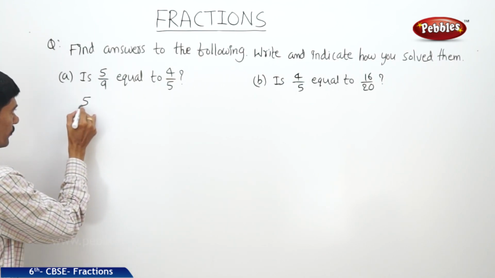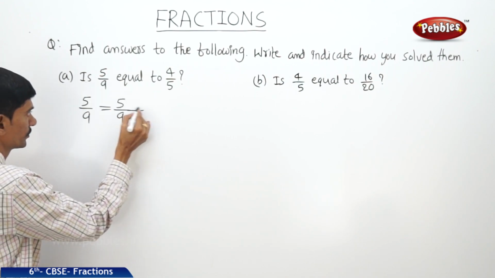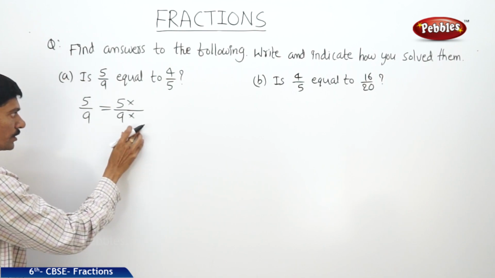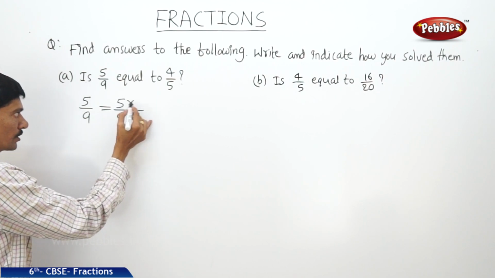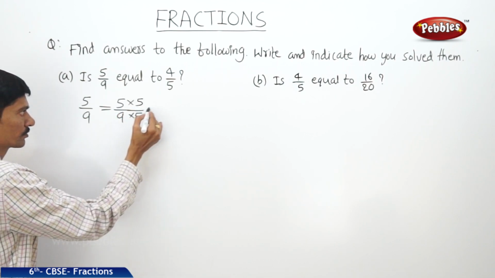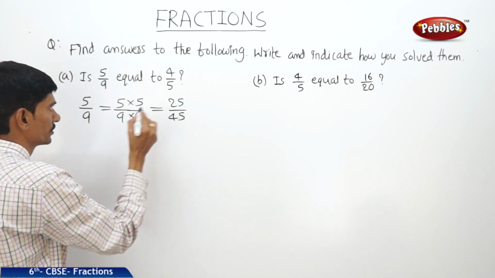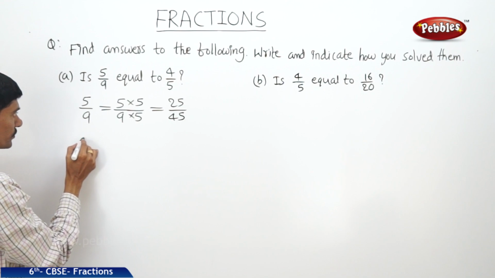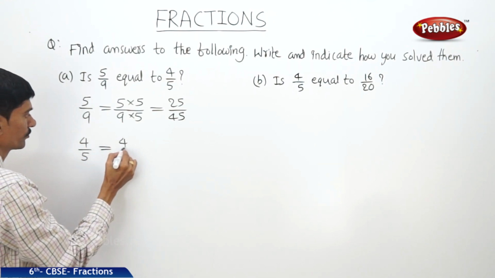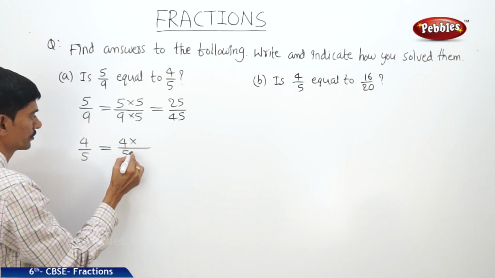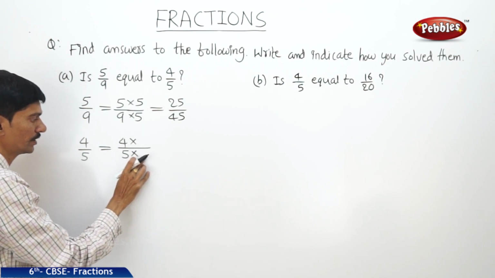So 5 by 9 can be written as 5 by 9 into, to make the denominator 45, the denominator 9 should be multiplied by 5. So the numerator also is multiplied by 5. Then we get 5 5s are 25 by 9 5s are 45. Then 4 by 5 equals 4 by 5 into, to make the denominator 45, 5 should be multiplied by 9.